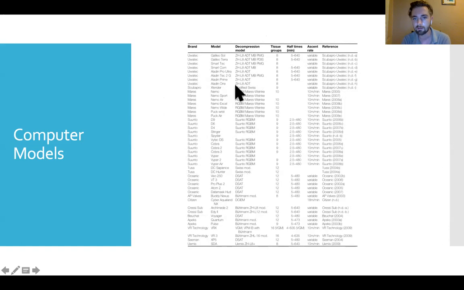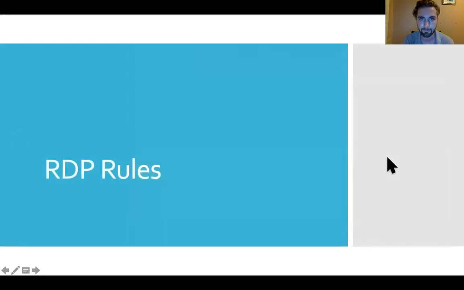Anything where you see ZH, that's going to be tied towards the Bowman stuff. Z is for Zurich. Bowman was a Swiss doctor. So that's where that one comes from. Now we'll have a look at some of the rules that were made originally for the RDP table that are still super important for us to know when diving with our dive computers.